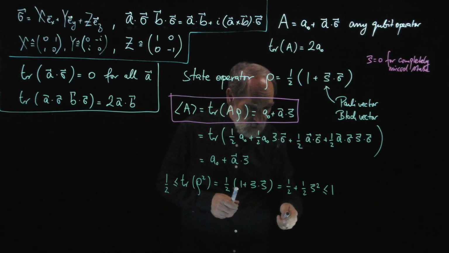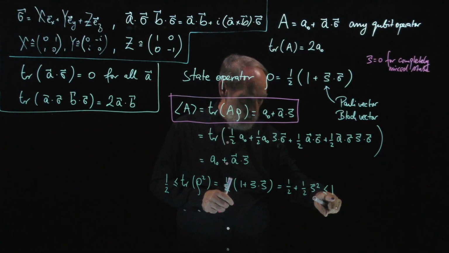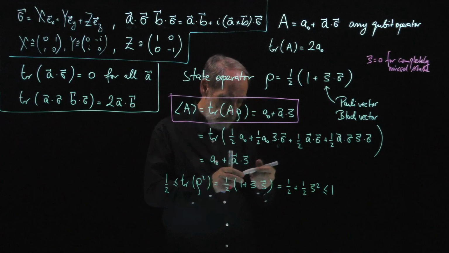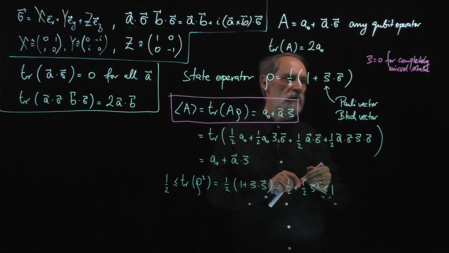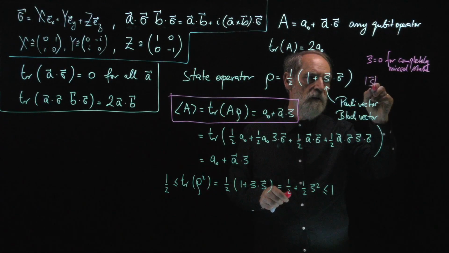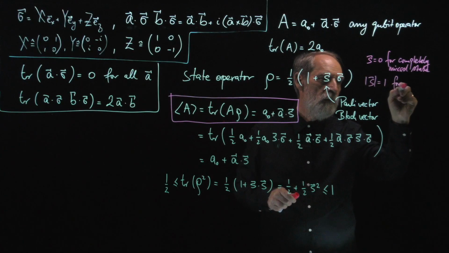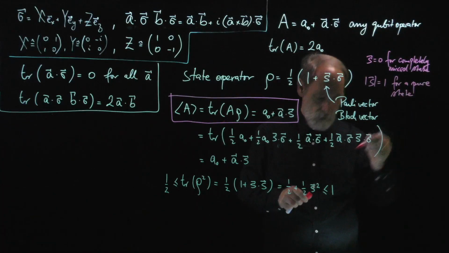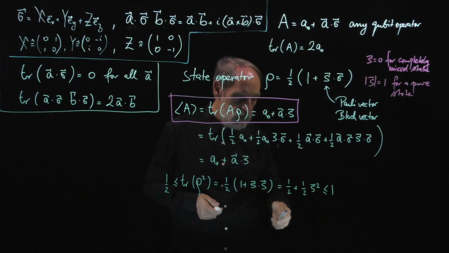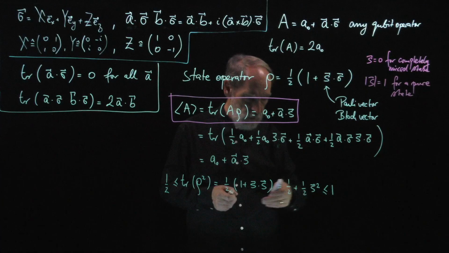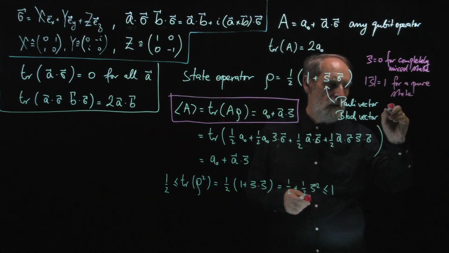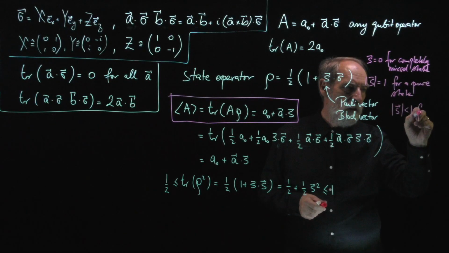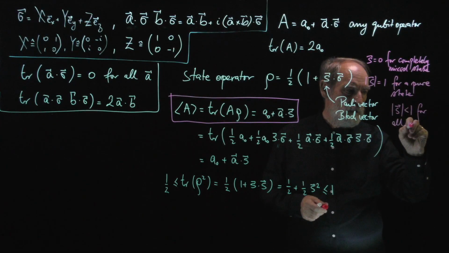For a pure state, we get 1 here. So for a pure state, S is a unit vector. The length of S equals 1 for a pure state. And for mixed states, we have less than 1 here. So we have the length of S less than 1 for all mixed states.